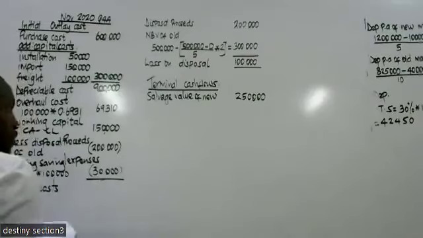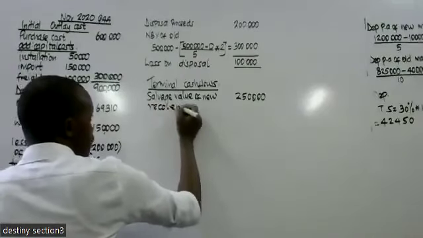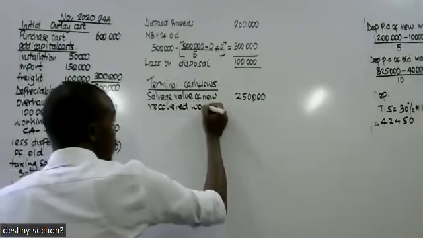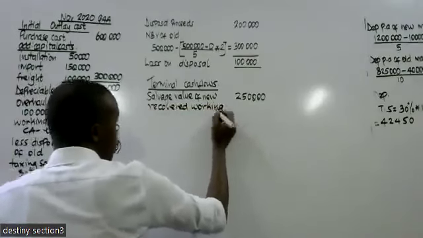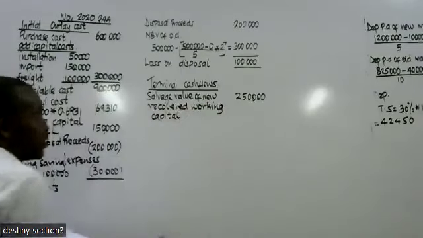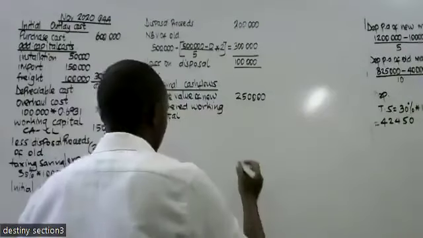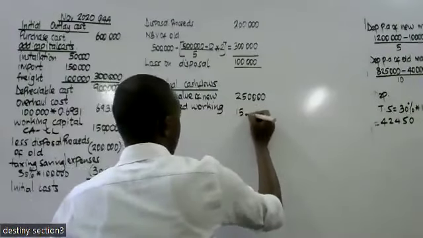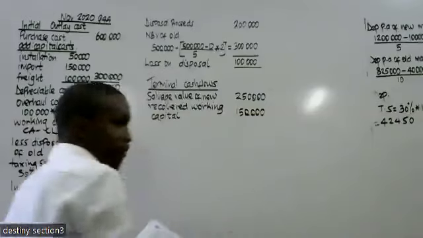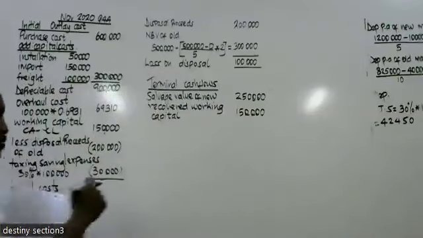We want our working capital. We're going to need working capital. How much? Recovered working capital, how much? 550,000. Ndio hii hapa. Sawa. What's the terminal cash flow?